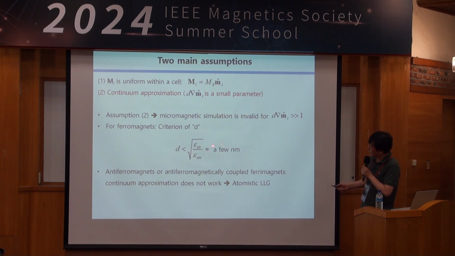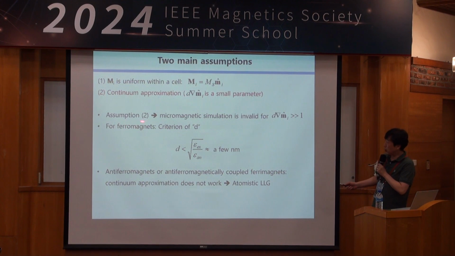And that is typically a few nanometers. If you are working on a strong perpendicular magnetic anisotropy sample, it can be even 1 nanometer, which means that if you use a 10 nanometer cell for the calculation, then the result becomes unreasonable.